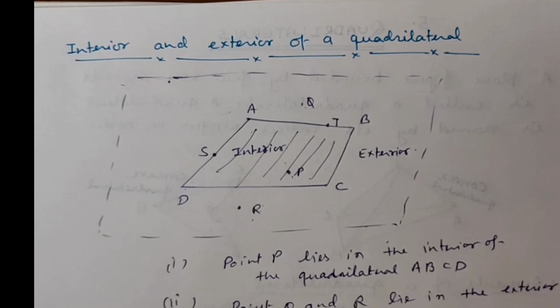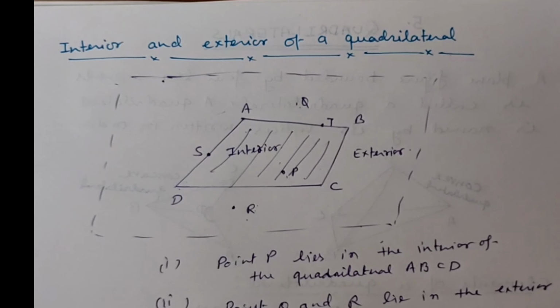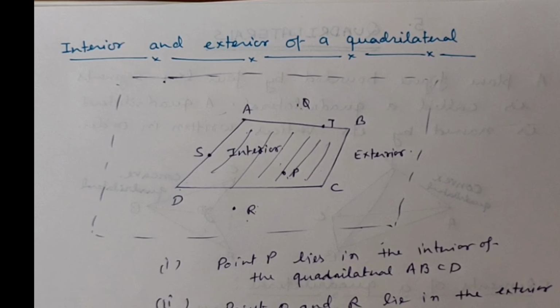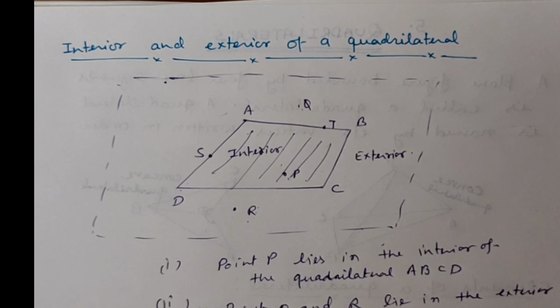And third one, points S and T lie on the quadrilateral ABCD.